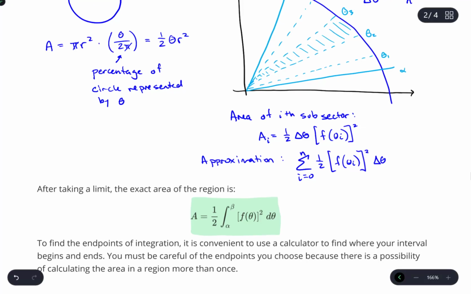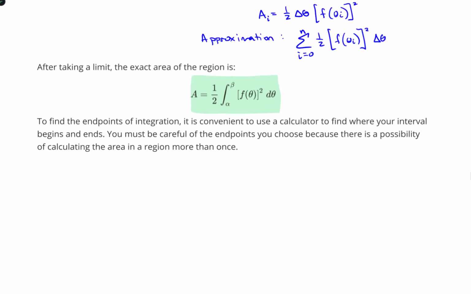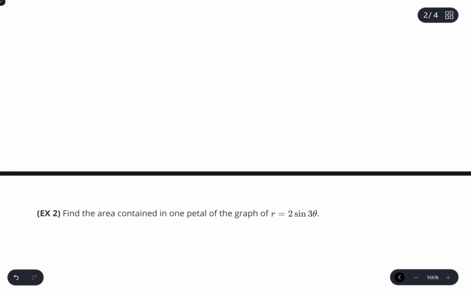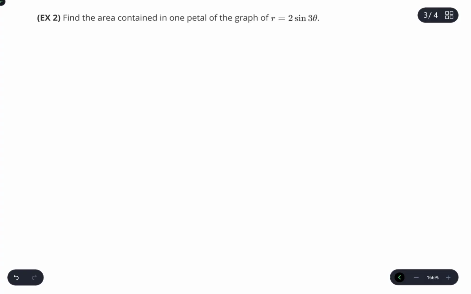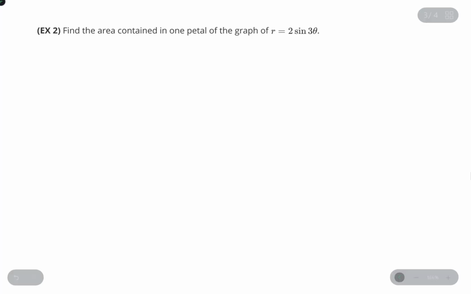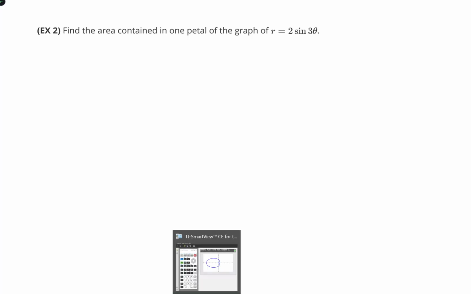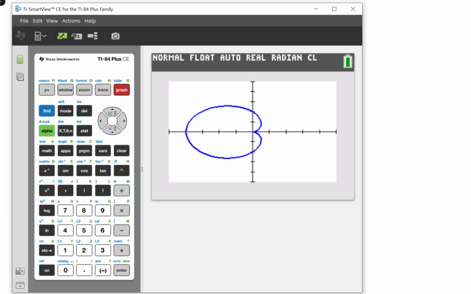Okay, so now we know where this formula comes from, let's take a look at how to apply it. Our first example wants us to find the area contained in one petal of the graph of r equals 2 sine 3 theta. What's meant by finding the area in one petal of this graph? Let's take a look at the graph and see if that helps.